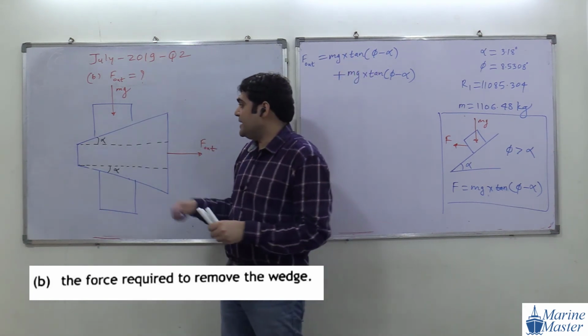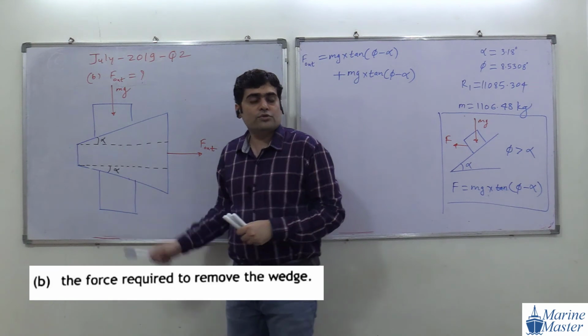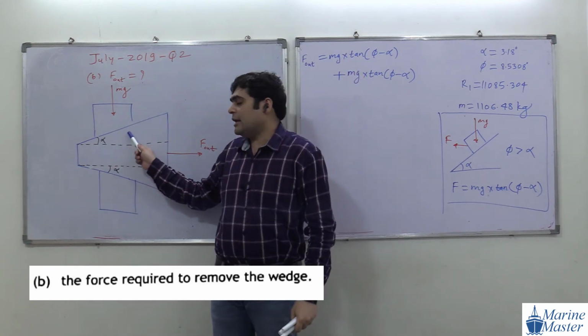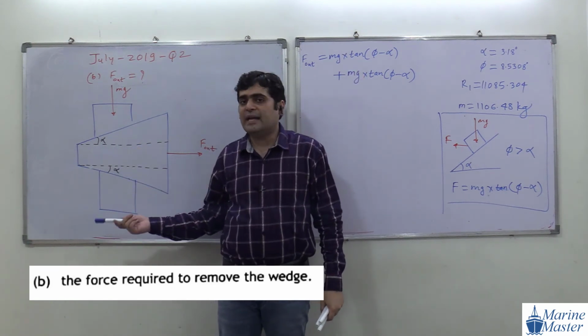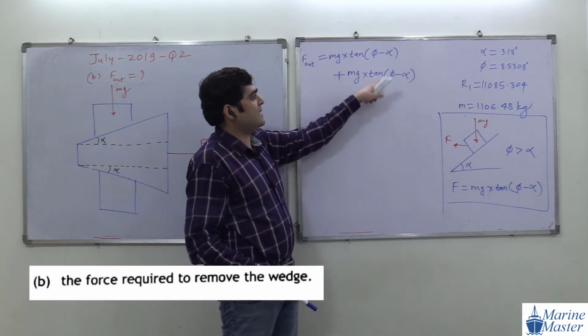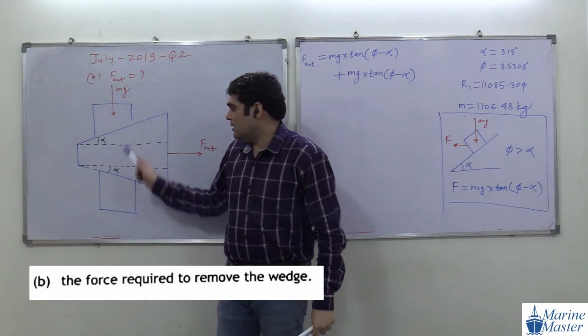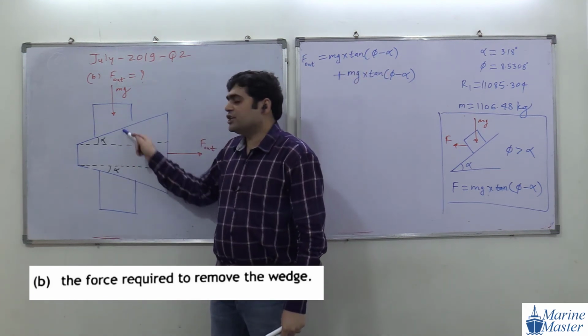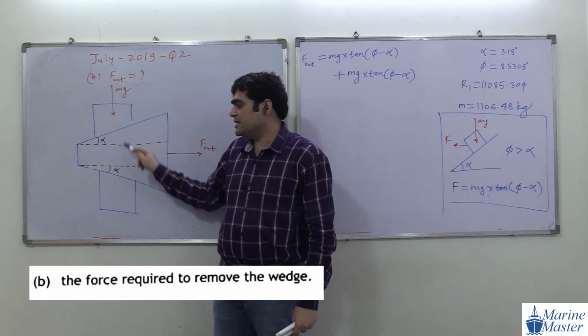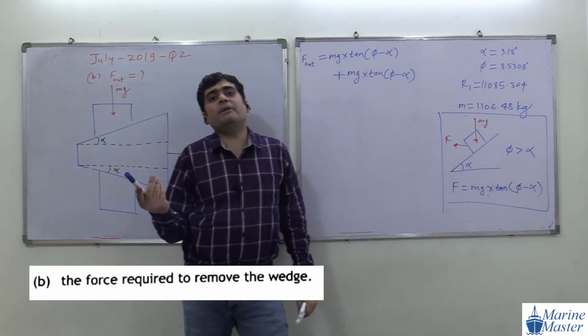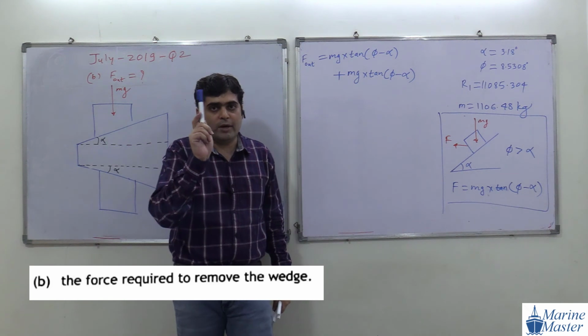But here both planes are inclined. So for the top plane mg tan of phi minus alpha, for the bottom plane mg tan of phi minus alpha, and both are the same. Why the same? Alpha is the same and the coefficient of friction is the same. If the coefficient of friction is the same for both planes, then the angle of friction is also the same.